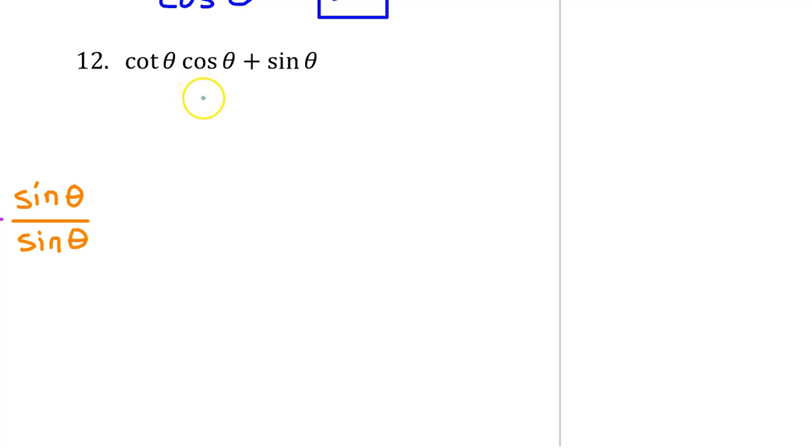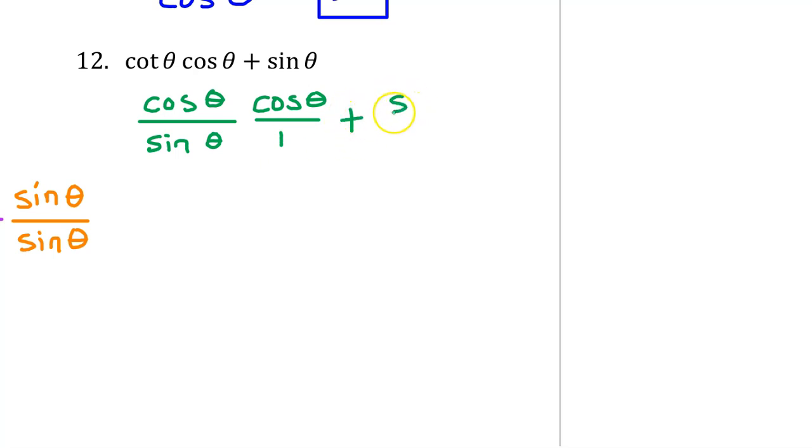For number 12, I will once again use our favorite strategy of rewriting everything in terms of sine and cosine. Cotangent theta can be written as cosine theta divided by sine theta. And then cosine theta, I'm going to write as cosine theta over 1, plus sine theta over 1.